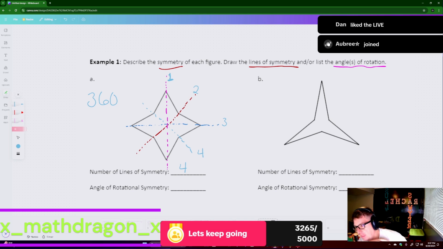So if we take that number and divide it by the number of lines of symmetry, we will see that this actually has angle of rotation symmetry of 90 degrees. So every 90 degree turn we do, we are going to hit the same spot. But it only is going to work at 90 degrees and 90 degrees and 90 degrees and 90 degrees. Otherwise, it will not work.